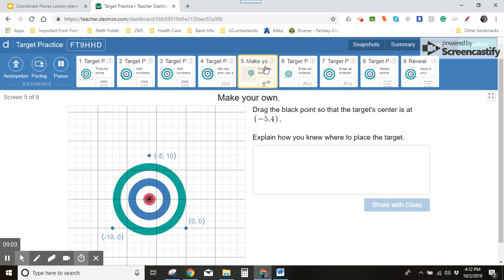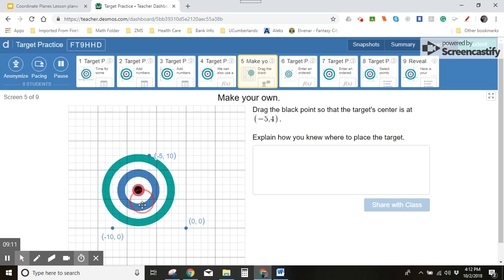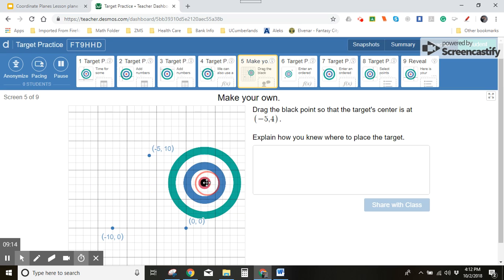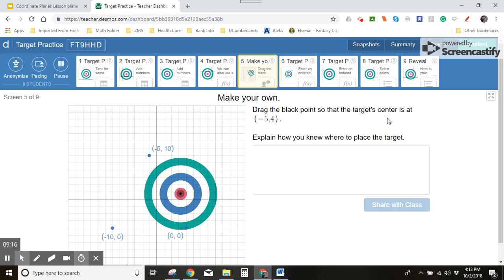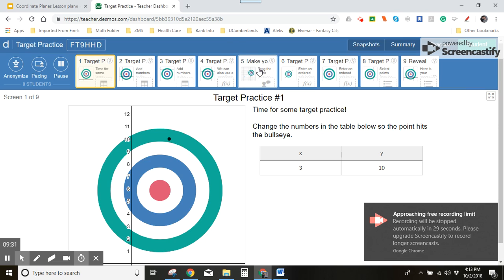On slide 5, you're dragging the black point so the target centers at -5, 4. I've already done that, but you can move this black point, and you want the target centered at -5, 4. We're going to discuss when you get through slide number 5. So at this time, I want everybody working on slides 1 through 5, and let me know if you have any questions.